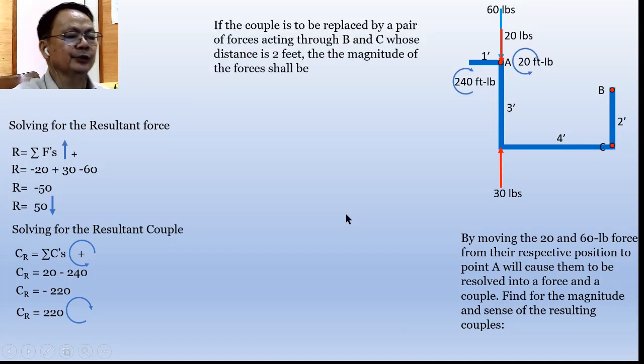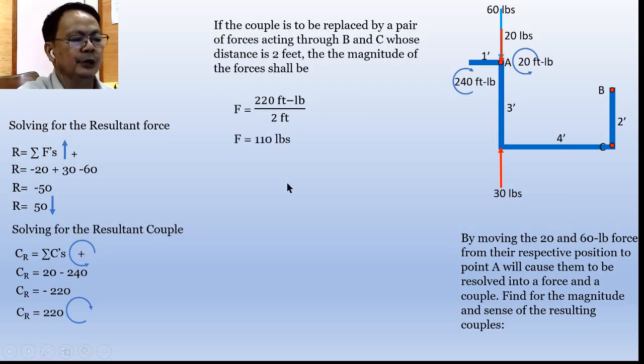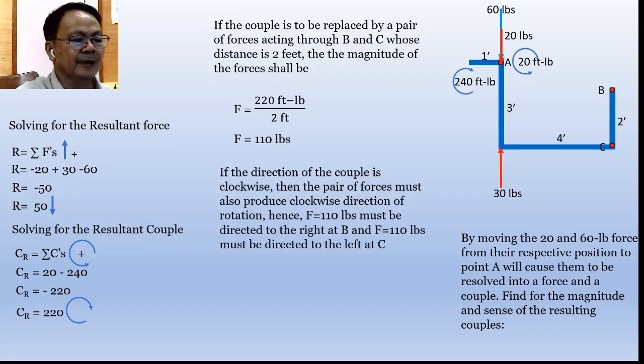And to find the magnitude, sabi diyan, the magnitude of the couple shall be equal to the quotient between the resulting couple and the distance between them, and you shall have here an F equal to 110 pounds. It follows therefore that if the direction of the couple is clockwise, then the pair of forces must also produce clockwise direction. Hence, the 110 pound force must be directed to the right at B, and the 110 pound force must be directed to the left at C.